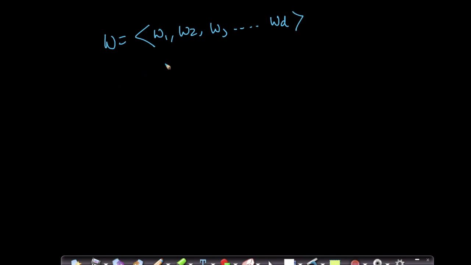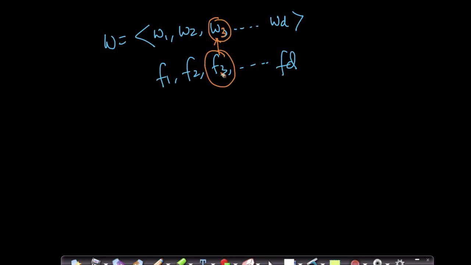And I have feature 1, feature 2, feature 3, so on, D features. Corresponding to every feature, I have a weight associated with it. That's one way to understand the weight vector. I'll repeat the statement: for every feature, I have a weight associated with that feature. That's why it's called a weight vector.